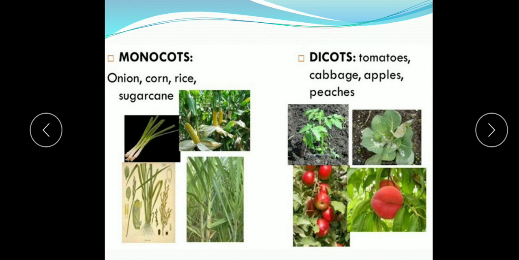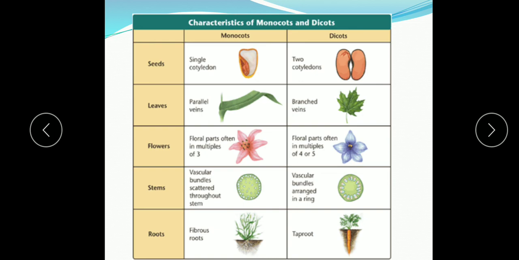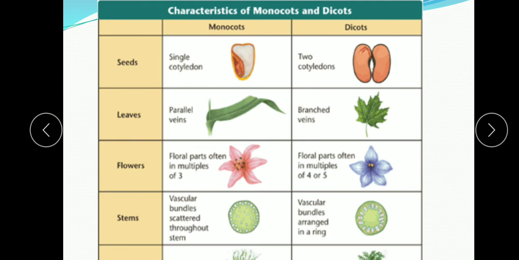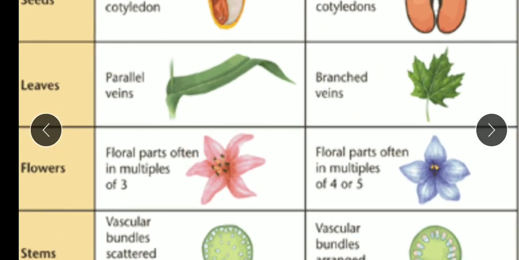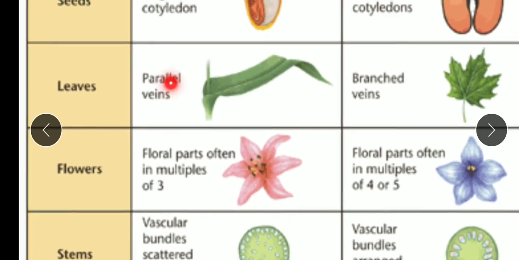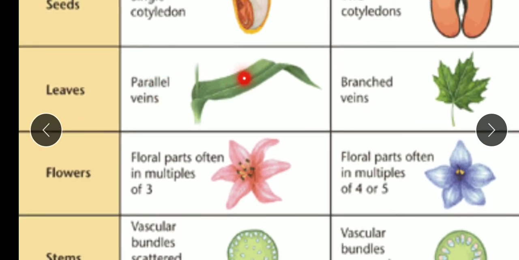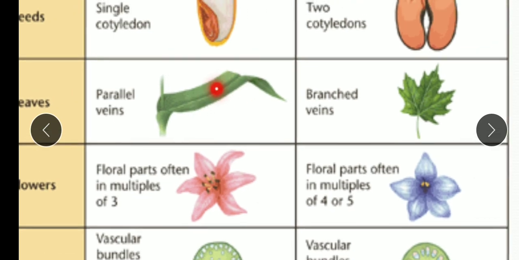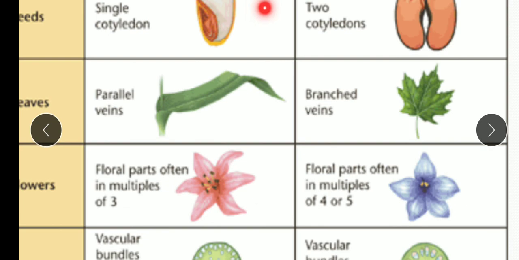And how to identify monocot and dicot? There is a simple way, because when the seeds are not available, how do you identify whether the shown plant is a dicot or monocot? With the help of the venation. If all the veins are running parallel to each other, then this is parallel venation, and if parallel venation, then the plant is a monocot.